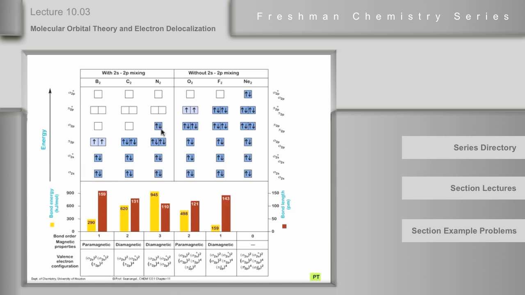You always take the easiest one. And you see, what is this? This is a sigma 2p bonding molecular orbital. So if you take that electron away, that's going to weaken the bond. And if you calculate the bond order, instead of being 3, it's going to be less than 3. Right? It's going to be less.